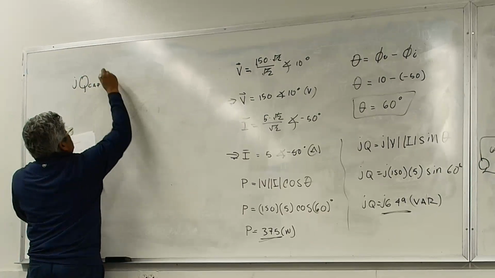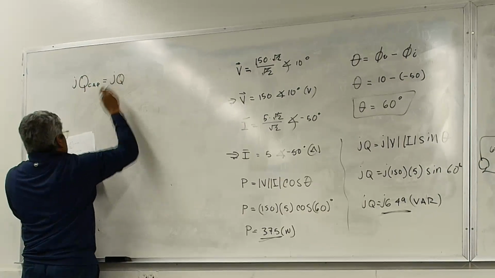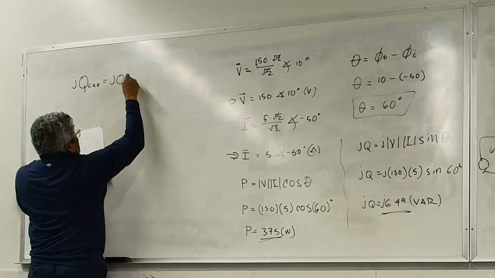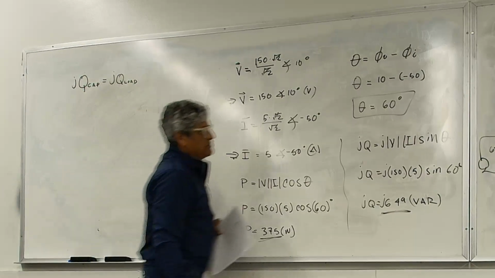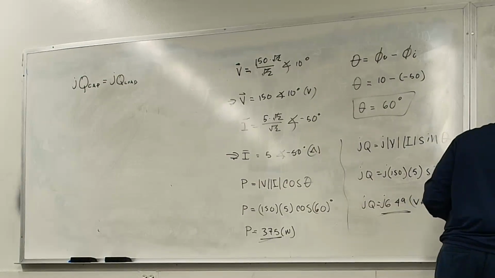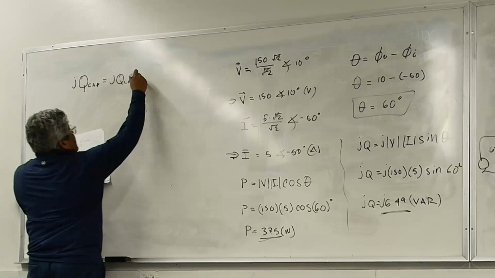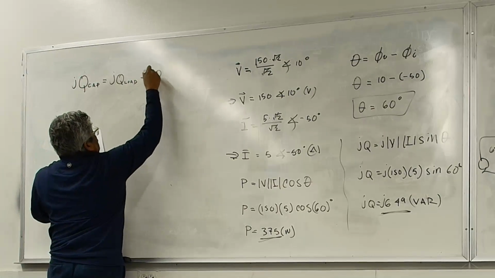is equal to the JQ total of the load, right? That's the load connected to this transformer, whatever load it is, pushing that much power, minus JQ source.